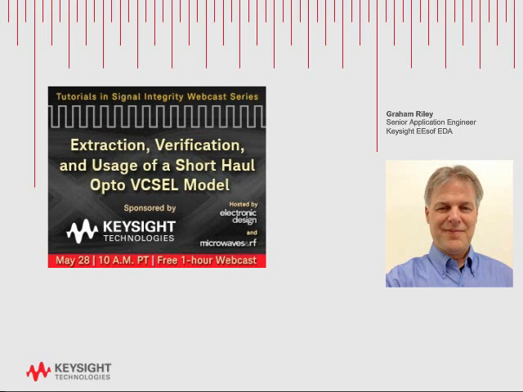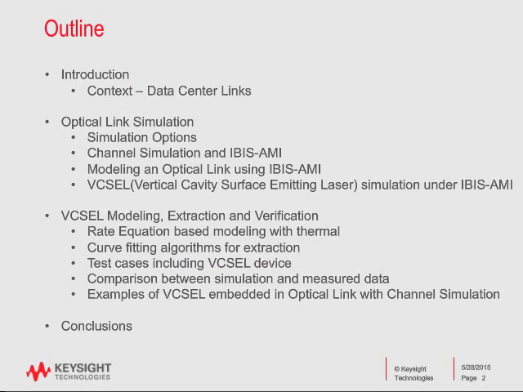So let's look at the agenda. I'm going to do an introduction which will just give you some context for the rest of the talk. Because we're talking about modeling, we're also going to talk about simulation, and simulation options for optical links, looking specifically at channel simulation and IBIS-AMI modeling. And then we're going to look at the place of the VCSEL, the vertical cavity surface emitting laser, to give it its full name, in that picture.